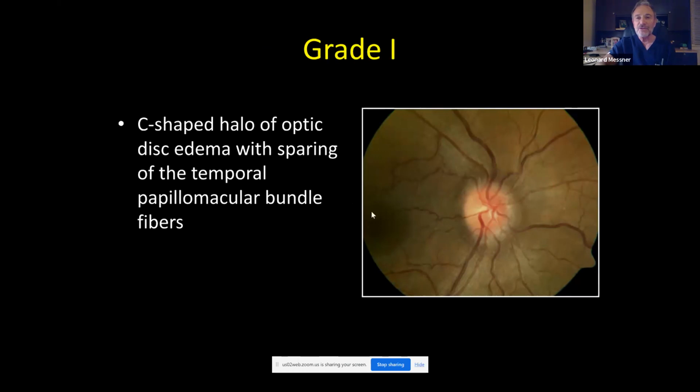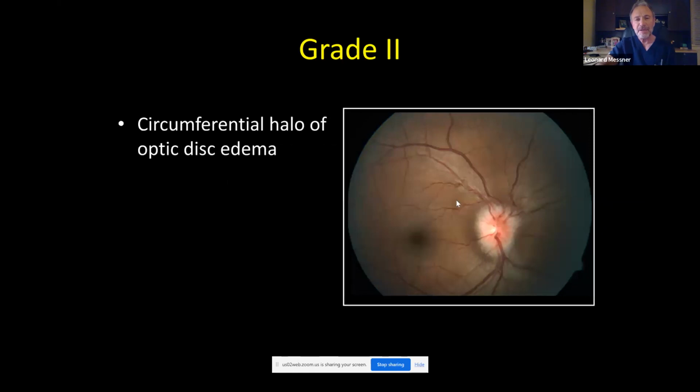As you see in this photograph, the characteristic of grade 1 papilledema is this C-shaped optic disc swelling that spares the papillomacular bundle fibers. Grade 2 papilledema is more or less a circumferential corona of optic disc swelling. So you get the C-shaped edema plus involvement of the papillomacular bundle fibers.